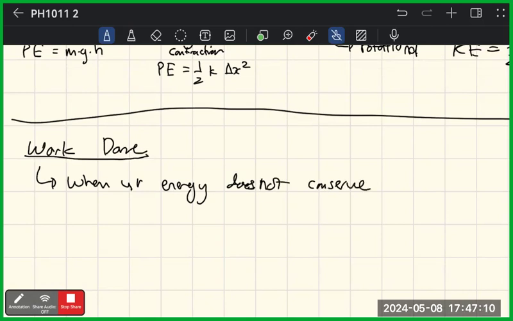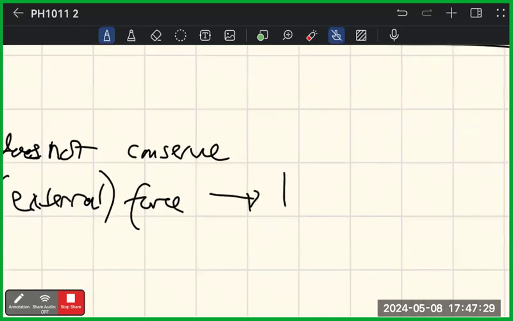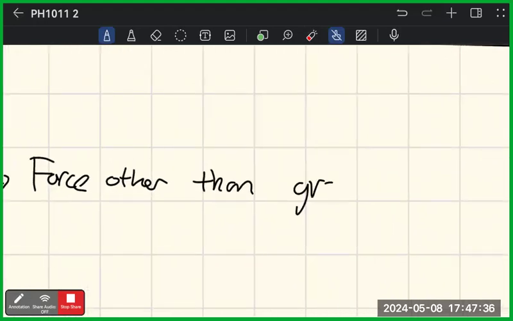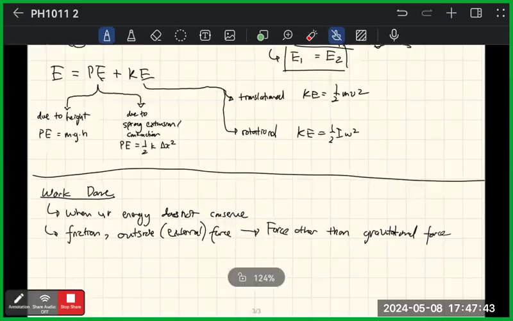So sometimes if you have friction or an outside, external force, I'll just say this as force other than gravitational force, then you have a work done.